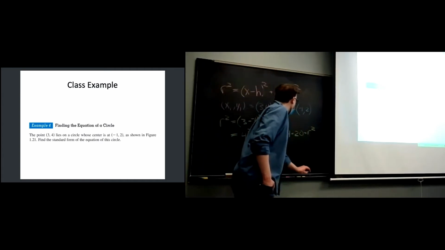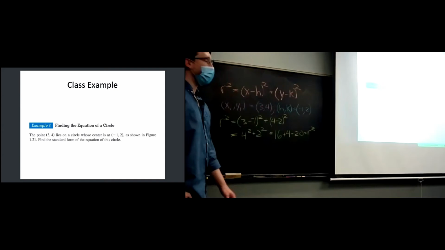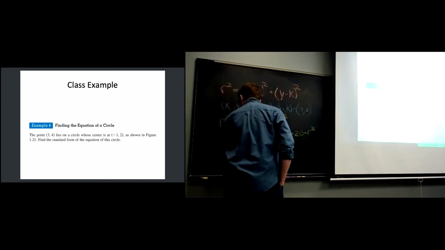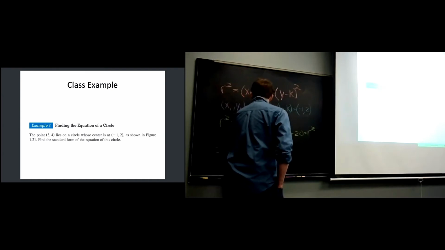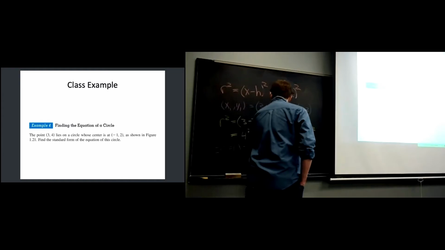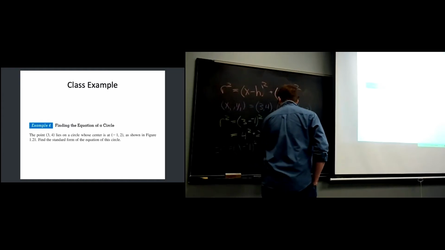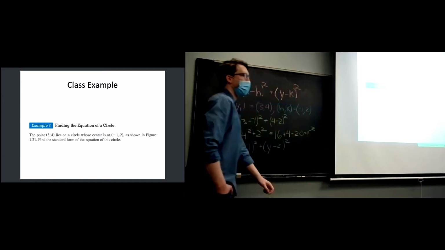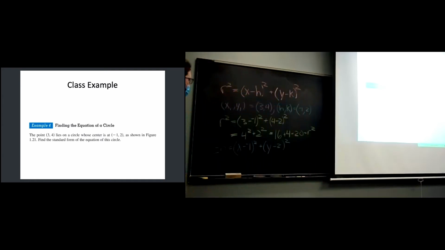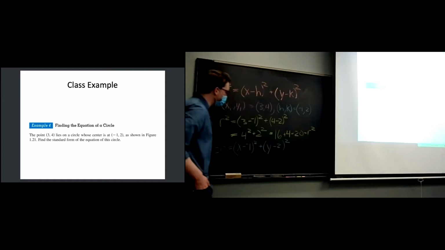So the standard equation for our circle is just going to be 20 is equal to x minus -1, that quantity squared, plus y minus 2, that quantity squared. That's it. Does this make sense to everyone? Yeah. Cool.